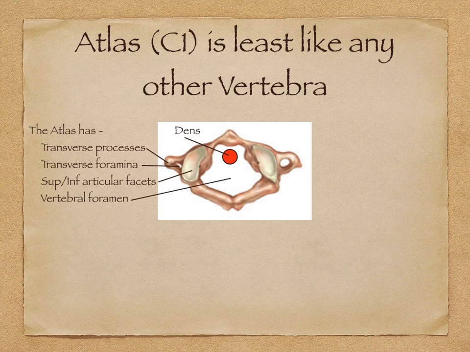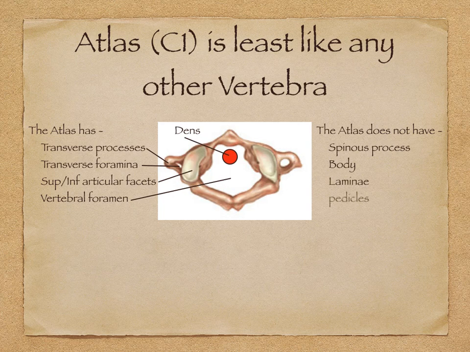So these are all similar to every other vertebra, but the atlas does not have a spinous process. There's nothing sticking out in the back. There's no body. There's no lamina or pedicles on this vertebra. So after you've learned the other vertebra, you have to sort of learn this bone specially.